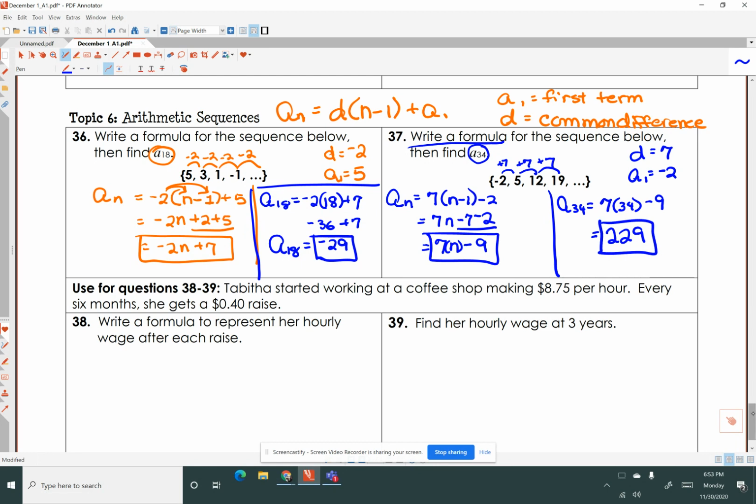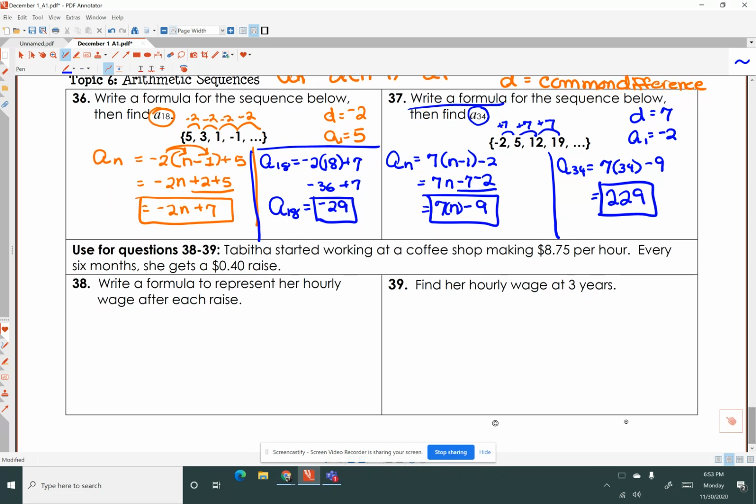All right, last two problems. Tabitha started working at a coffee shop making $8.75 per hour. Every 6 months, she gets a 40-cent raise. Write a formula to represent her hourly wage after each raise. So our common difference is this 40 cents, 0.40.